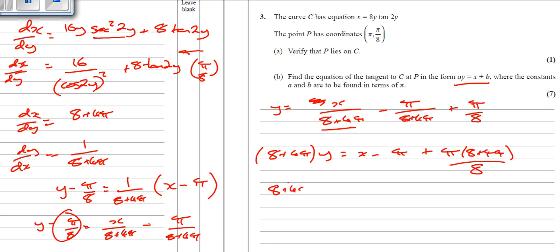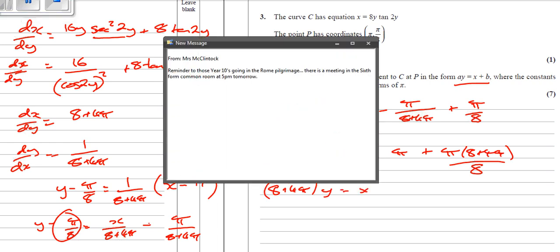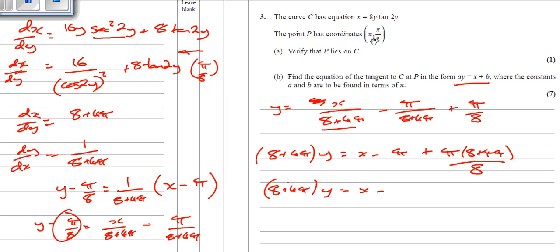So 8 plus 4 pi y equals x minus pi plus 8 pi plus pi squared over 8. So that's going to cancel with that. Leave this up there. Minus pi plus pi cancels out. So we've got 8 plus 4 pi y equals x plus pi squared over 8.